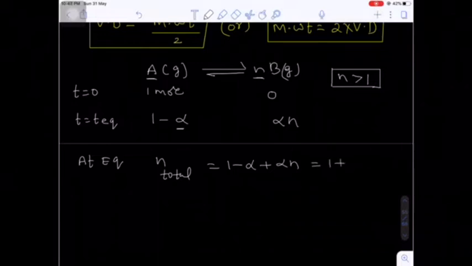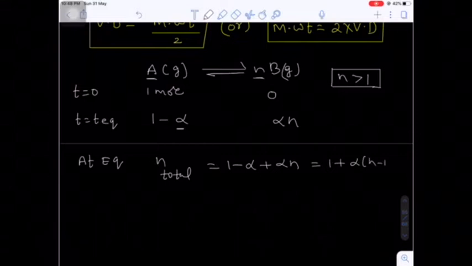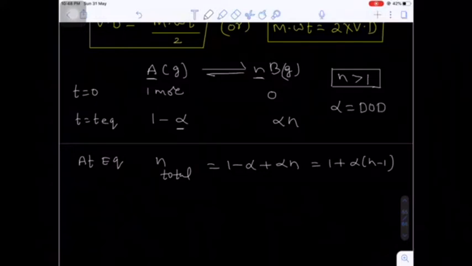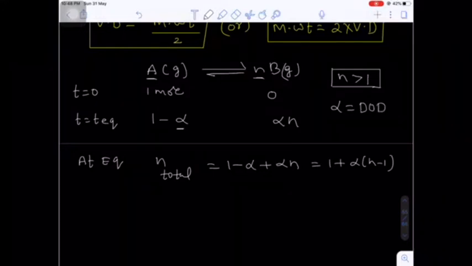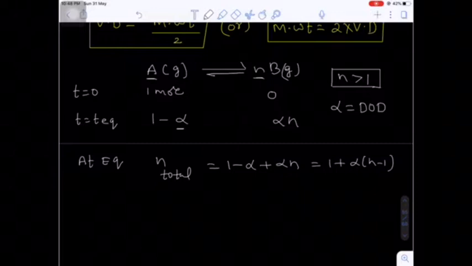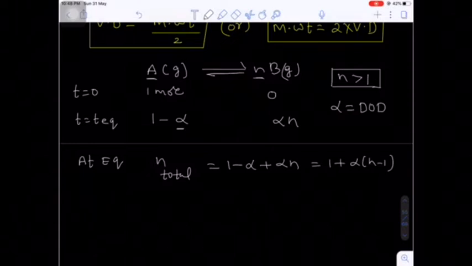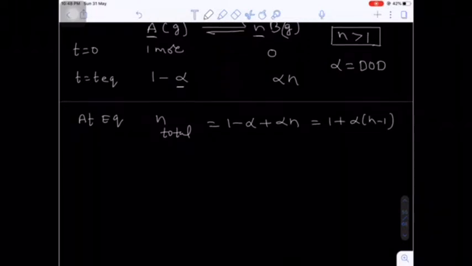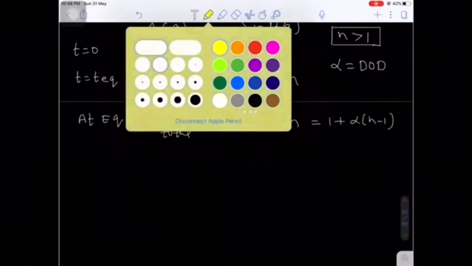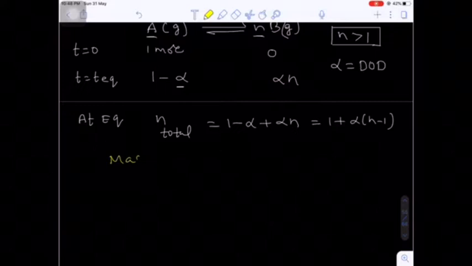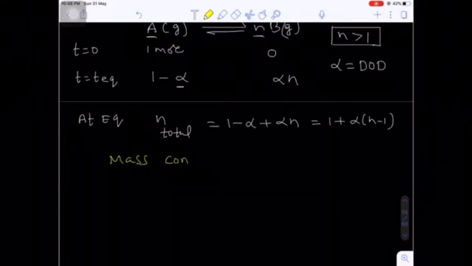So the total number of moles will be 1 plus alpha into (n minus 1). Here alpha is the degree of dissociation. If you have any doubt, watch the last video to see the definition of degree of dissociation and how to calculate it. Are you getting my point? Now I am applying the law of conservation of mass.